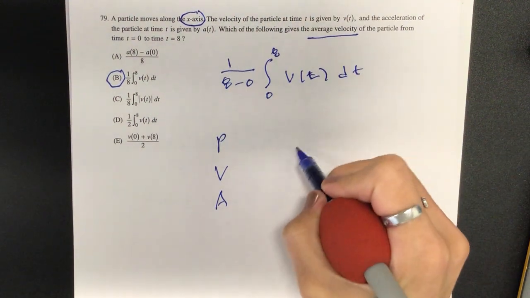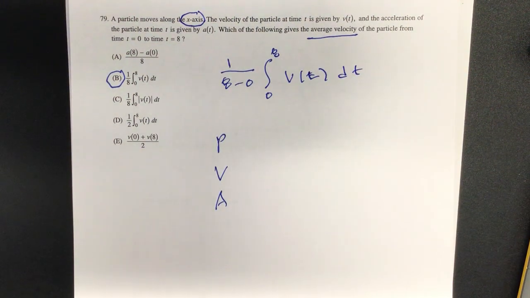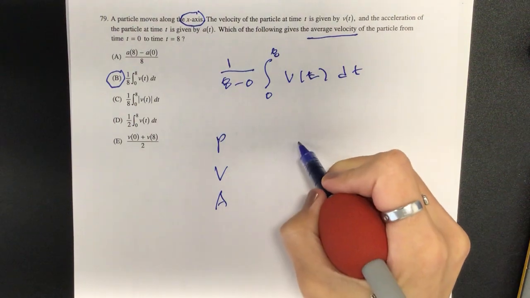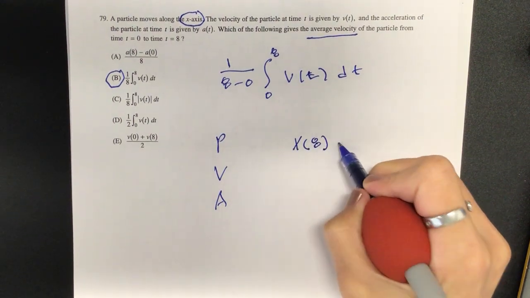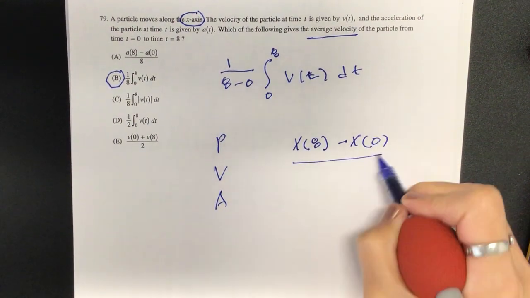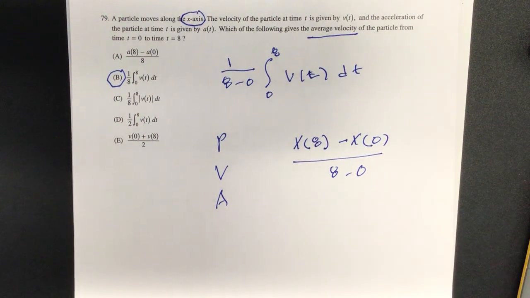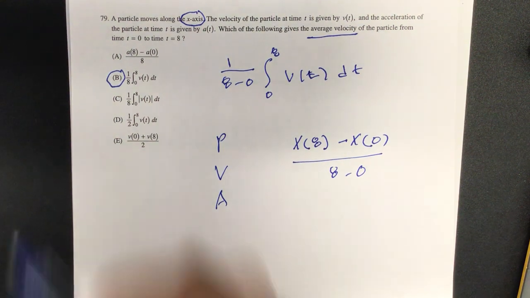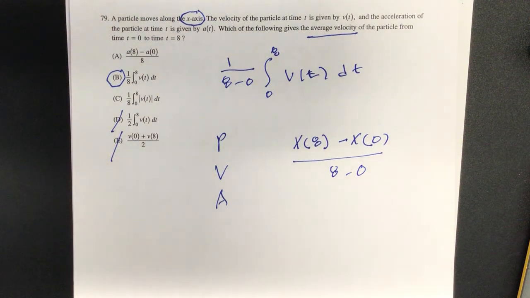So I could do y2 minus y1 over x2 minus x1, which can look like x of 8 minus x of 0 over 8 minus 0. If that happens, that could be an answer choice, and our original answer choice will not be on there. Is everyone good with that? Hopefully you know automatically, though, D and E did not have 8 on the bottom, so that was a bad answer choice. Good? Okay, if you're good to move on to the last one, give me a thumbs up.